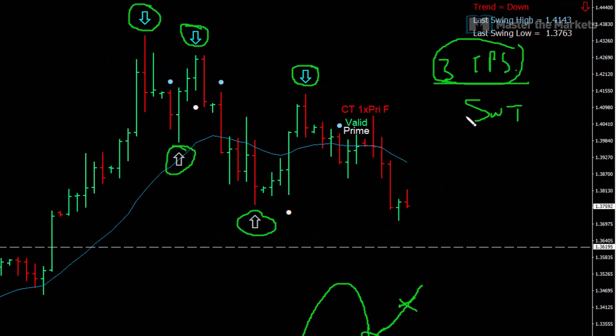The first one can be one individual bar, which is what we call a PSWB. Something like that, a three bar turn. In the three bar turn, this particular bar over here has got the close above its 50% mid-range.